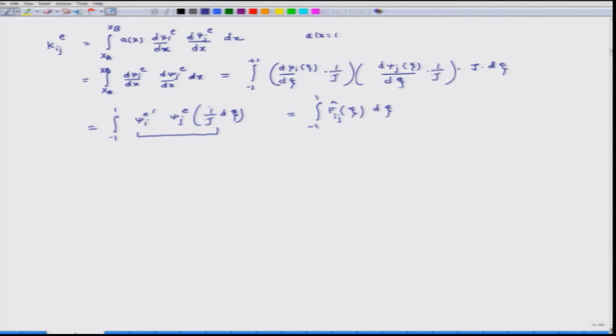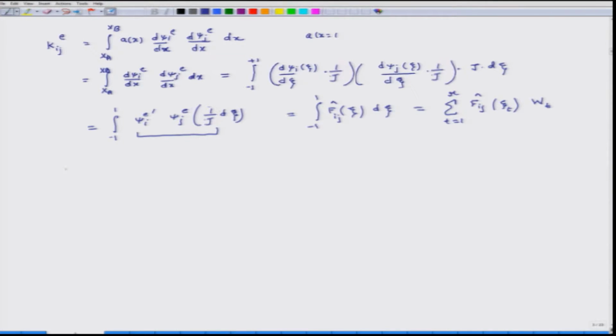If I have to use the quadrature method, then I merely express it as a summation of f i j hat, but I will evaluate this f i j hat at the quadrature points. The index for those quadrature points is different, which is t, and the weight for the tth quadrature point is w t. So, I will add this up over index t, and t varies from 1 to r.